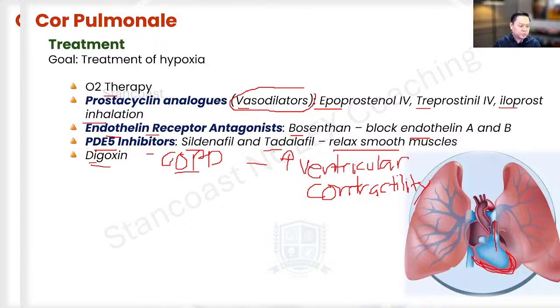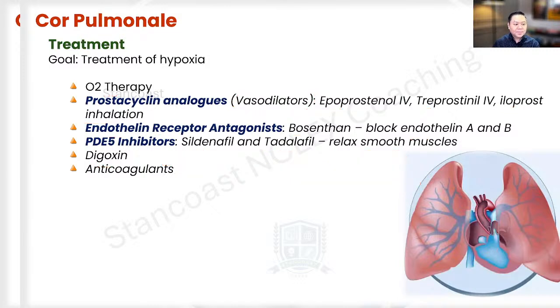Hello everyone, for those who just joined us, we are talking about cor pulmonale, and currently we are discussing the treatment. Now, part of the care here is the administration of anticoagulants. Why? Well, the anticoagulants will work for the patient that may have a pulmonary embolism.